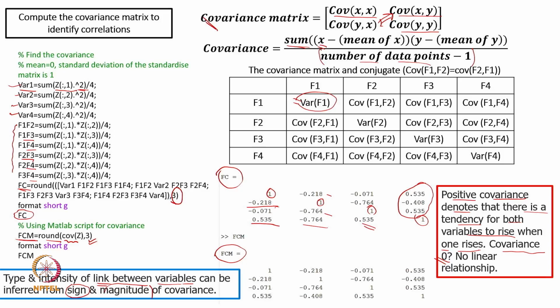They may have a non-linear relation, but we are 100% confident that there will not be any linear relation between those variables if the covariance is equal to 0, right. If it is negative, naturally one variable is increasing while the other is decreasing, but when the value is positive, both variables increase or decrease simultaneously, they work in tandem with each other. So these are just inferences from a covariance matrix.